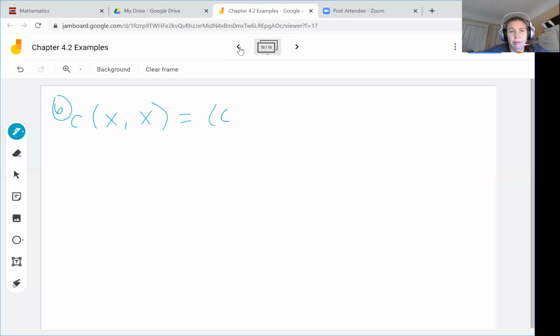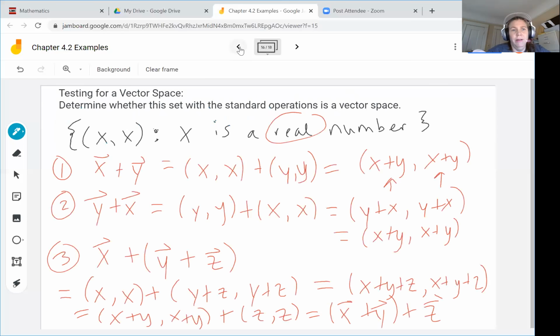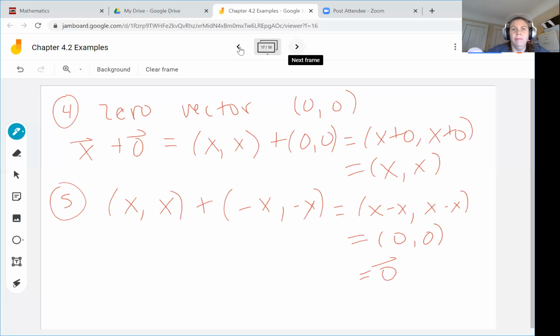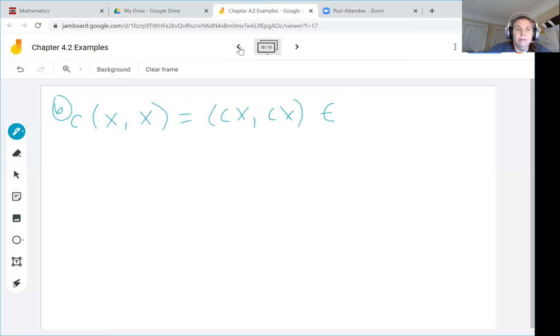So we know this is going to be (cx, cx), which is still in the set because these are still real numbers, and they're still identical. If you want to, you could say this is in the set. How did we name our set? (x, x), such that x is a real number. So that's a long list. I got to write it like this. It's still in the ordered pairs (x, x), such that x is a real number.